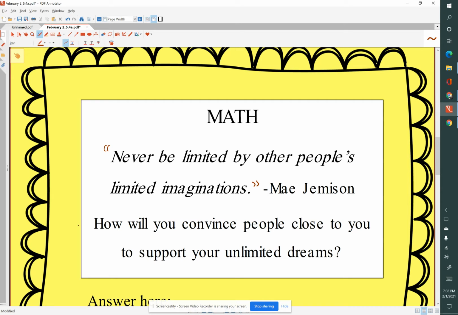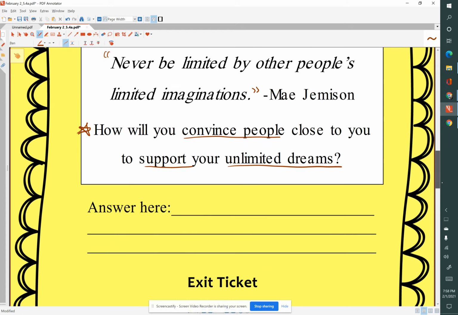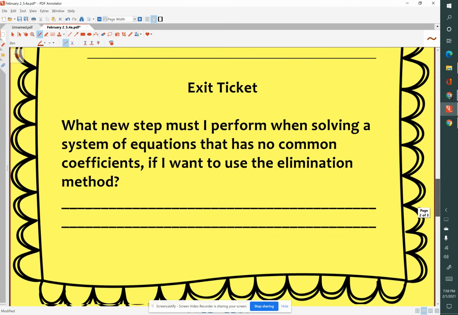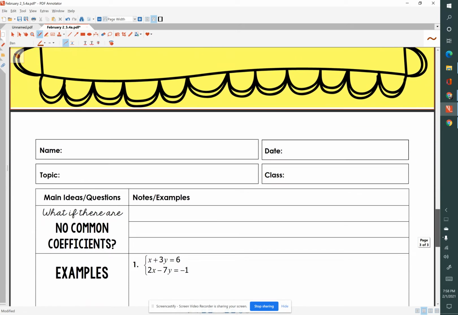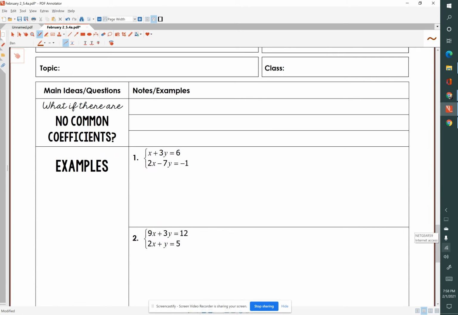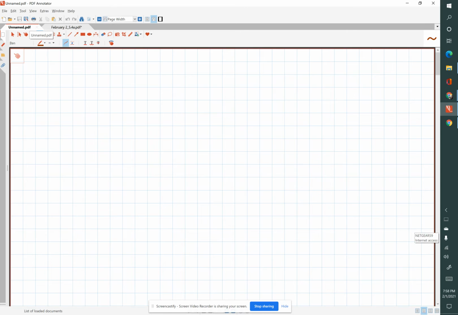So the question today is, how will you convince the people close to you to support those unlimited dreams that you have? I want you to think about how you can get the support of others and answer that right here. So we will come back to our exit ticket, but let's go straight to our whiteboard.